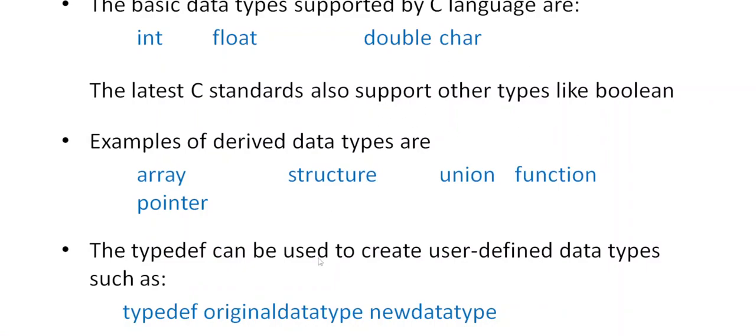How to define strings we'll see later. int is for integers, float for real values, double also for real values but with double precision, and char is for single characters. The latest C standards like C11 also support Boolean, but we will not consider Boolean in this session.